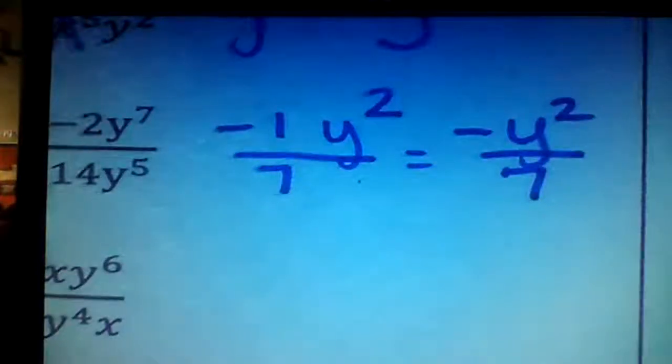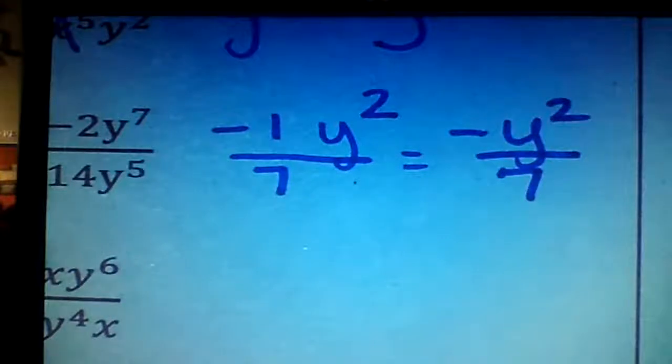So you will more than likely see this written as negative y to the 2nd over 7. They are more than likely not going to write that 1. A coefficient of 1 usually is never written, and an exponent of 1 is usually never written.